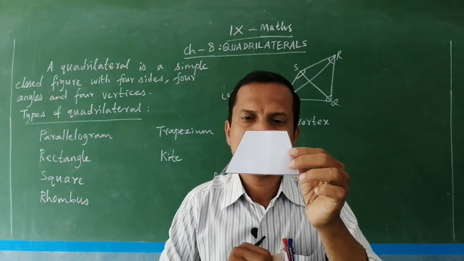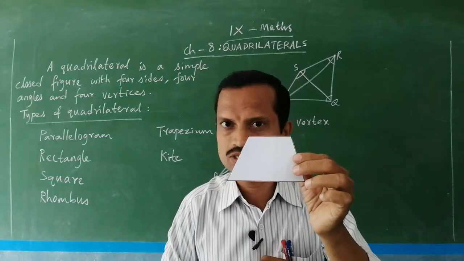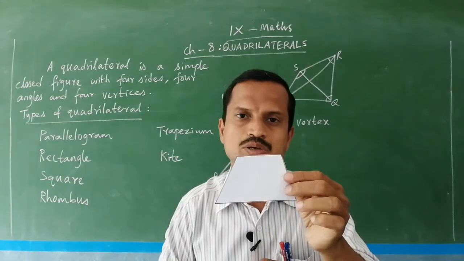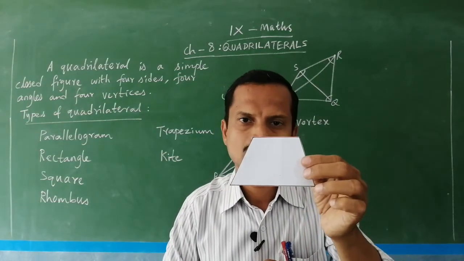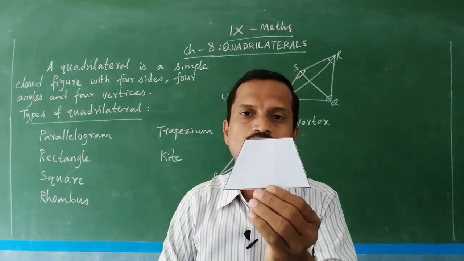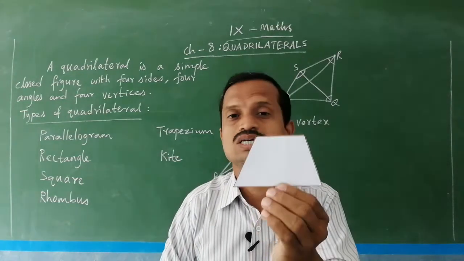Is it clear? If a pair of opposite sides is parallel in a quadrilateral, then it is called a trapezium. That you know already, but I am explaining for your reference. Clear? And if the non-parallel sides are equal in length, then we can call it an isosceles trapezium.